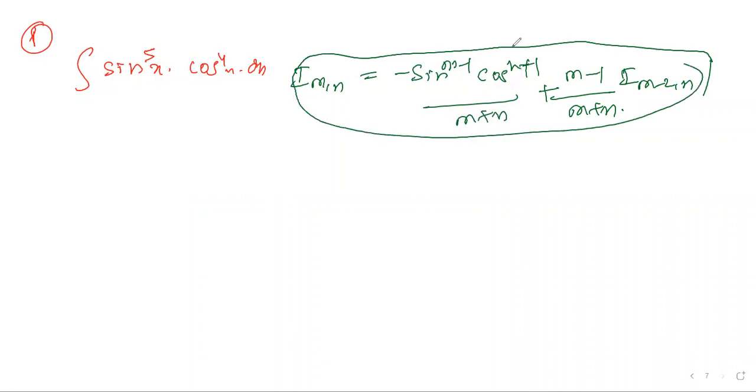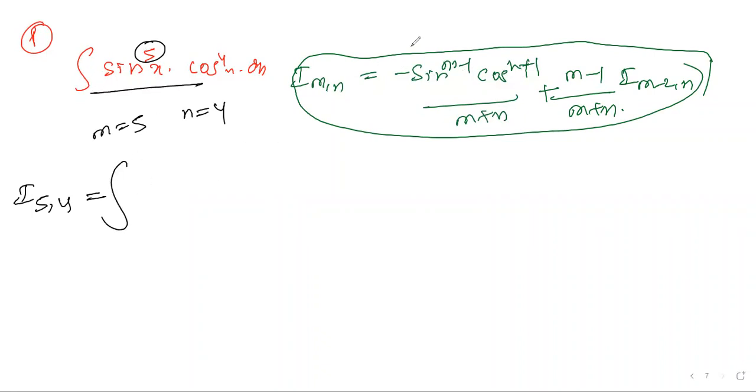Now here the case is what the values are. So m is equal to 5, n is equal to 4. Start working over here. I 5 comma 4, because this is the integration we're working on. So please apply the formula here.